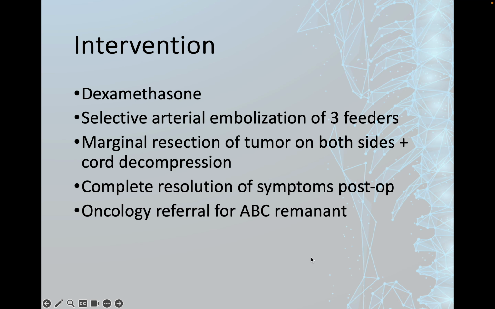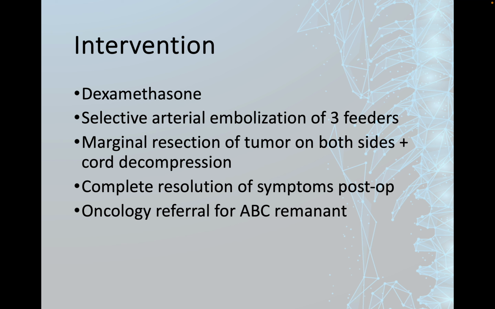While in ER, she received dexamethasone as per protocol and then was transferred to our colleagues in interventional radiology for selective arterial embolization. Unfortunately, no predominant blood supplier could be identified, so 3 feeders were embolized and no more, as there was a risk of injuring the vertebral artery or embolizing the vertebral artery.